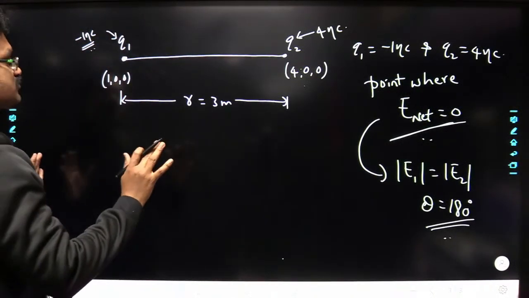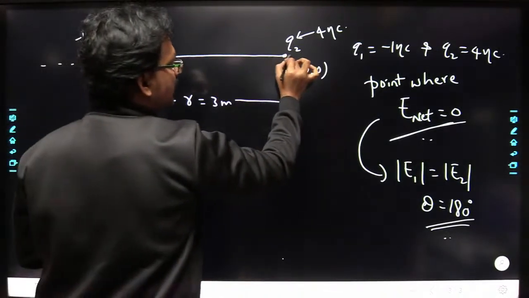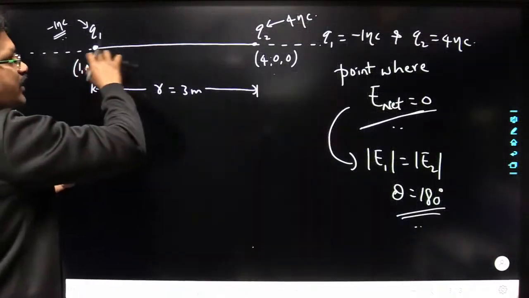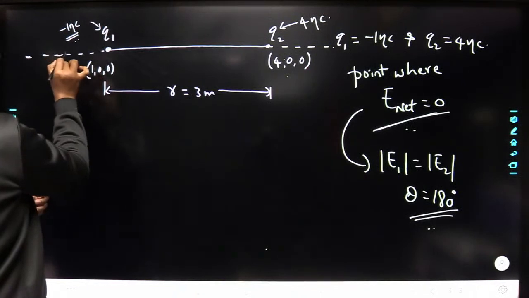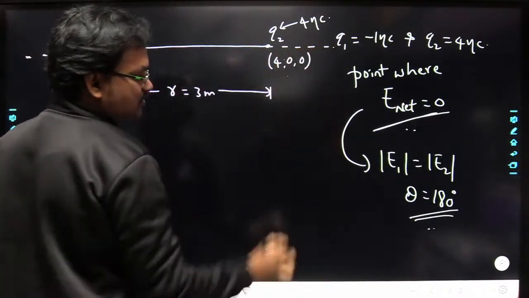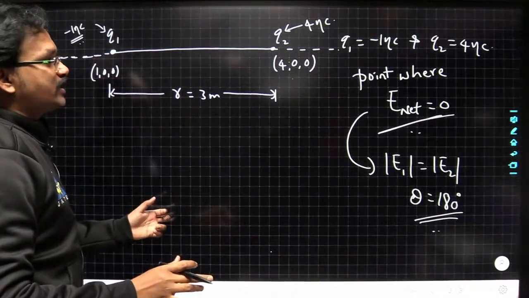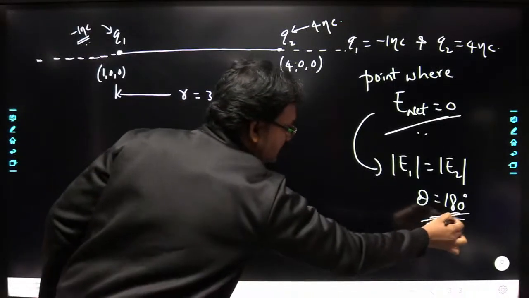It is going to be satisfied only along the line joining the two charges. So this is the line here, right? Only along this line this condition may get satisfied.